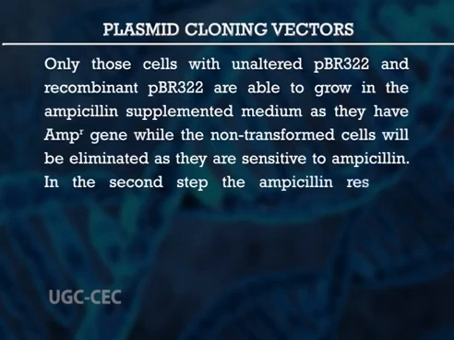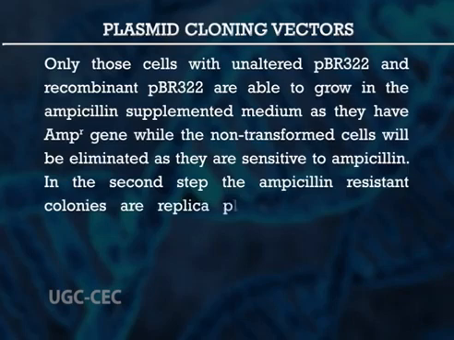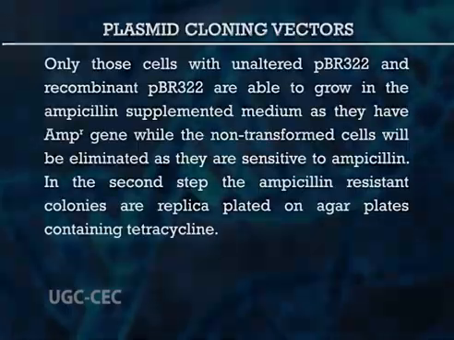In the second step, the ampicillin resistant colonies are replica plated on agar plates containing tetracycline. The cells containing the intact pBR322 will be resistant to tetracycline as the tetracycline resistance gene is not disrupted, and form colonies, while cells with recombinant pBR322 will be killed as the DNA insert is integrated into the tetracycline resistance gene, making it non-functional.